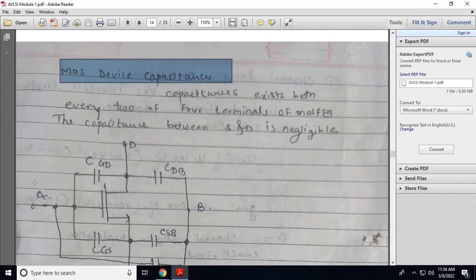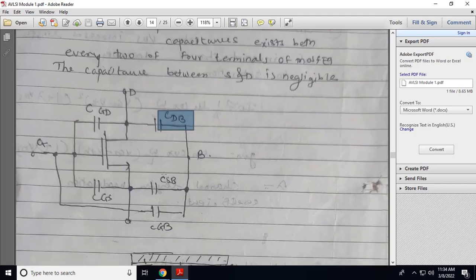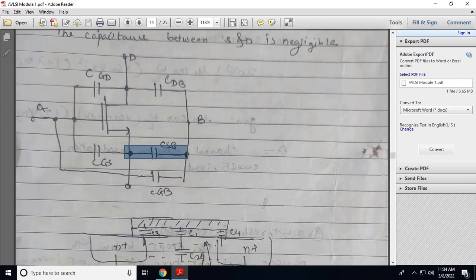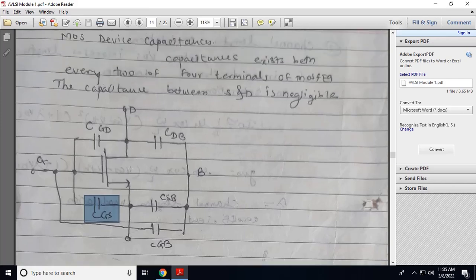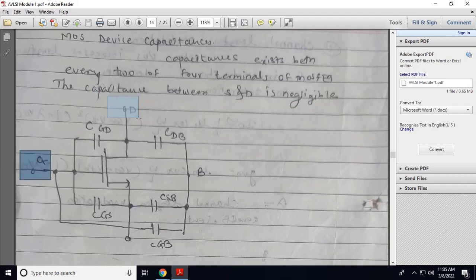For example, the capacitor between gate and drain is CGD. The capacitor between drain and substrate, that is the body, is CDB. The capacitor between source and body is CSB. The capacitor between gate and source is CGS. The capacitance between source and drain is negligible, we can neglect it. So this is the gate terminal of a MOSFET, this is the drain, this one is the source, and the body terminal.